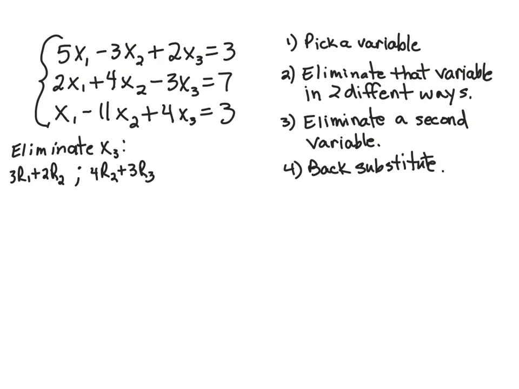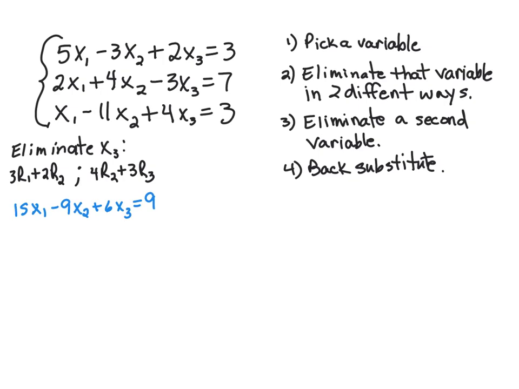So I'm always going to write down my busy work. So let's do the first things first. 3 row 1's is 15x1's, negative 9x2's, positive 6x3's, and that's going to equal a 9. Don't forget the right-hand side of the equal sign.